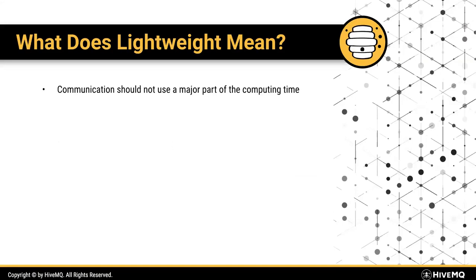Your application wants to move data from the application to the broker, from the broker to other enterprise systems. And the communication is just a means for you to transport the data, but the really important thing is the data you transport. So the overhead should be really low from the MQTT client.